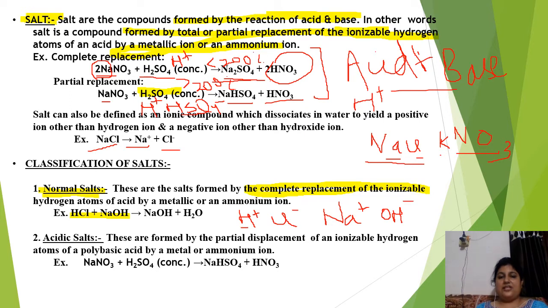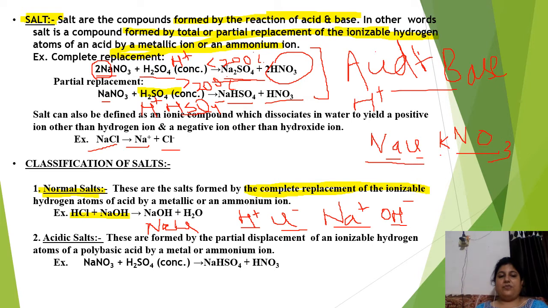The positive charge ion gets attached with the negative, while the negative charge ion gets attached with the positive ion, and result in the formation of NaCl and water.